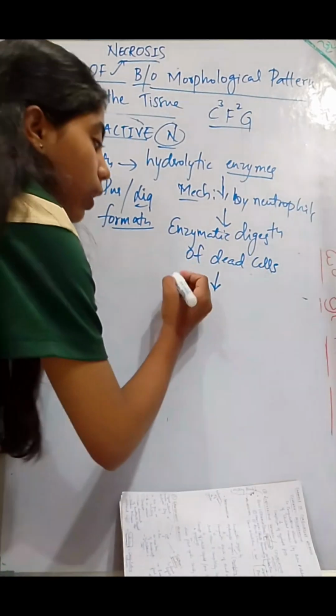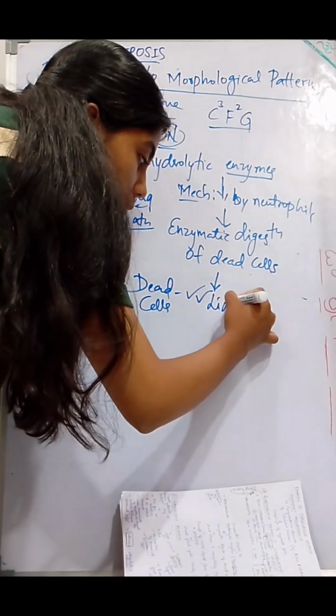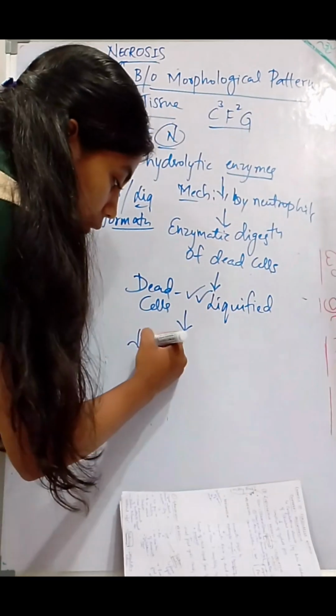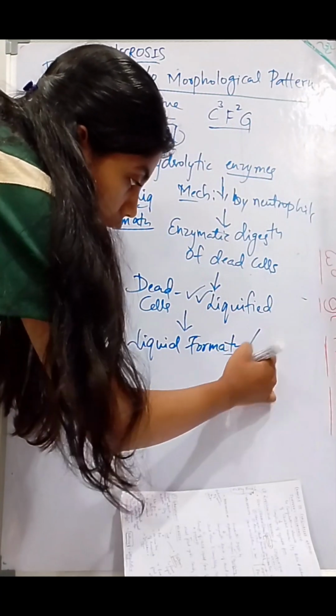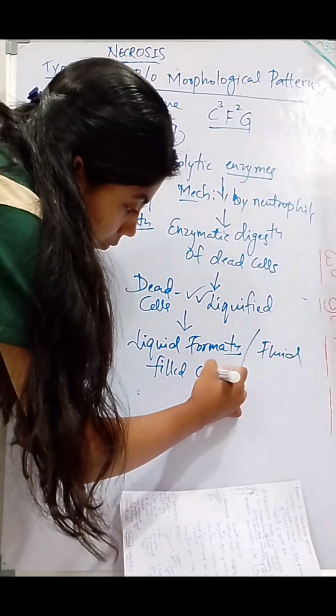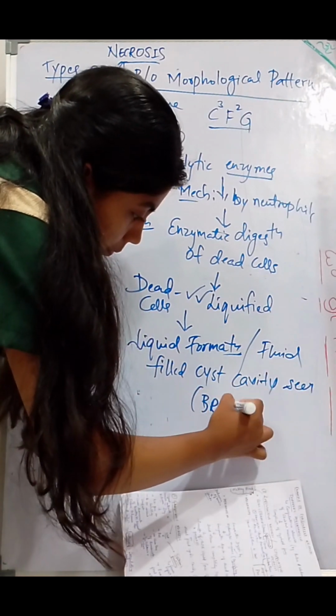So when there is enzymatic digestion, these dead cells are completely liquefied. And when these get liquefied, there is liquid formation seen, or a fluid-filled cyst cavity seen in the case of brain infarct.